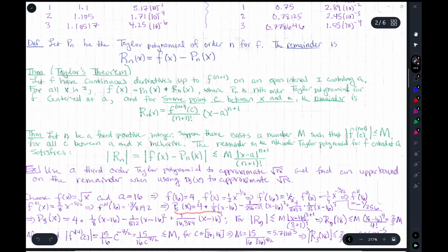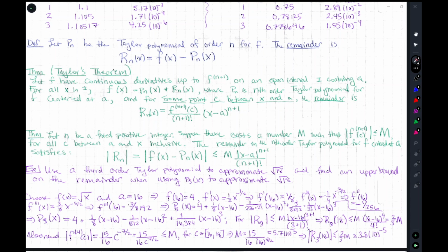And so our third degree polynomial is written out this way. The coefficients equal the derivative evaluated at 16 over the factorial quantity. And so we get that polynomial, which we could write out after simplification this way.